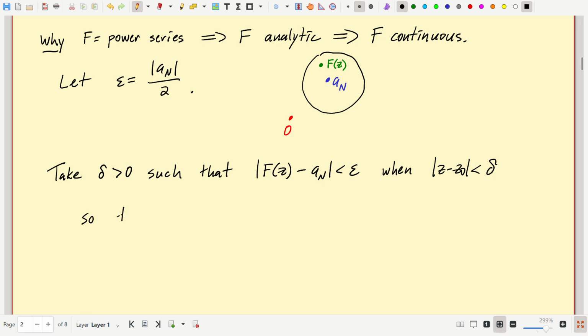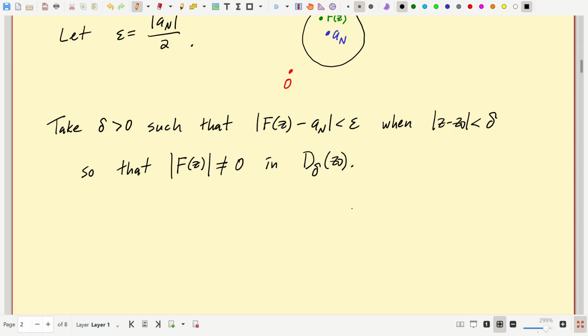So capital F of z is unequal to 0 in that disk of radius delta about z naught. Okay, and so since capital F is not equal to 0, we have f of z is equal to z minus z naught to the n times my capital F of z.